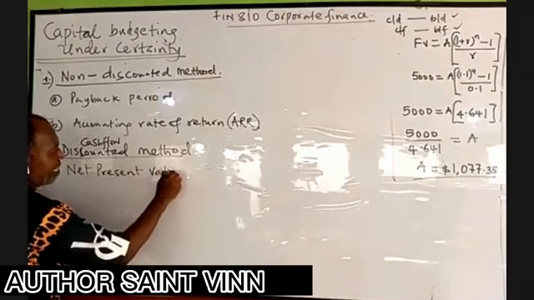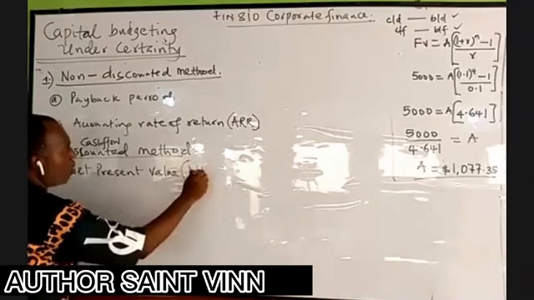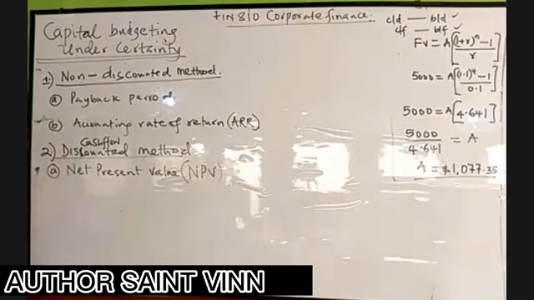This is the best, and that is the one that is more superior to any other method. We're going to use the discounted cash flow method because we are discounting cash flow. But this other one, we're not going to discount.